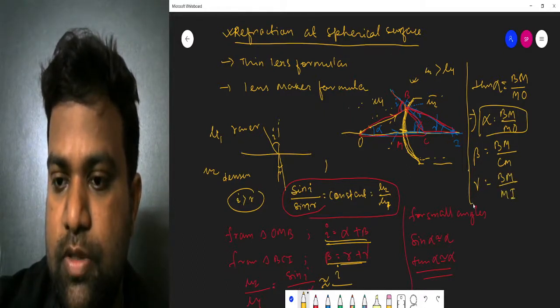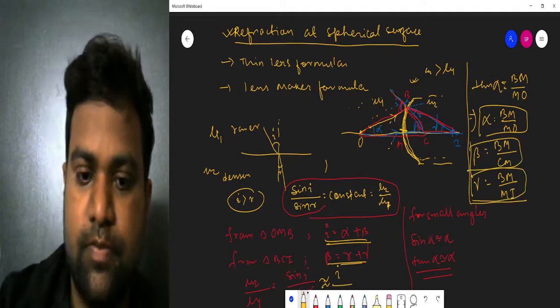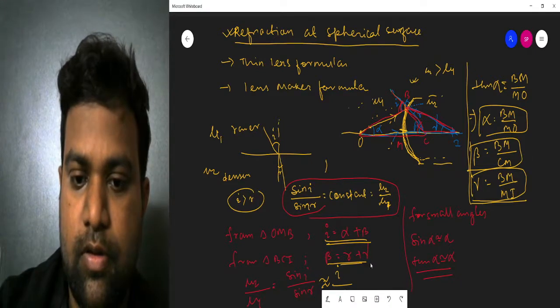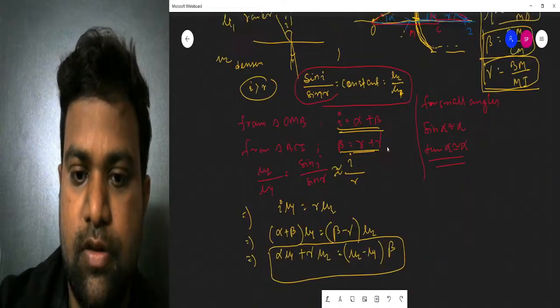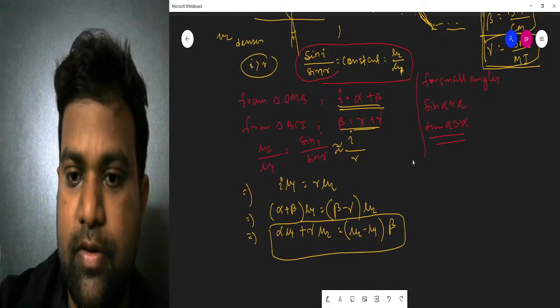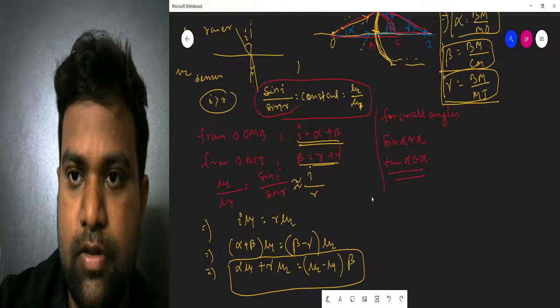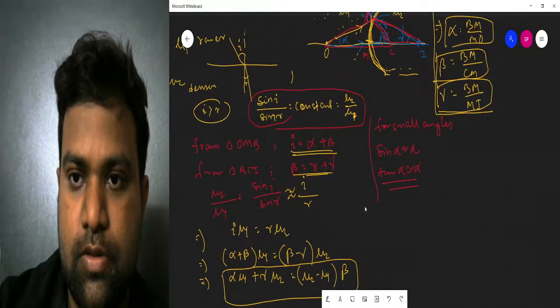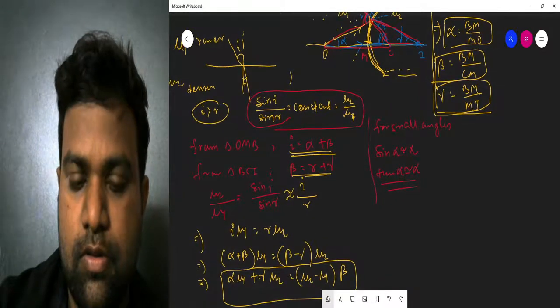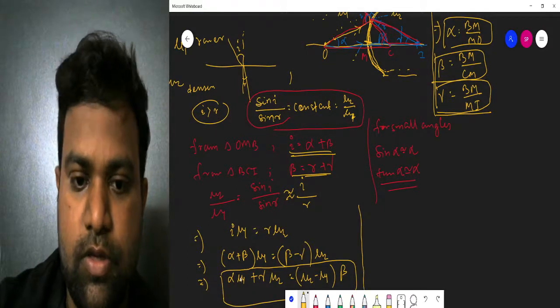Now we will put this alpha, beta, gamma value in our expression, that you can see here. In this expression we will use alpha, beta, gamma.